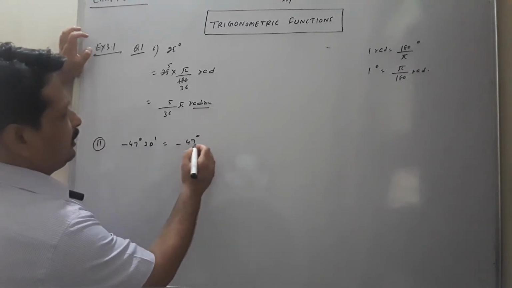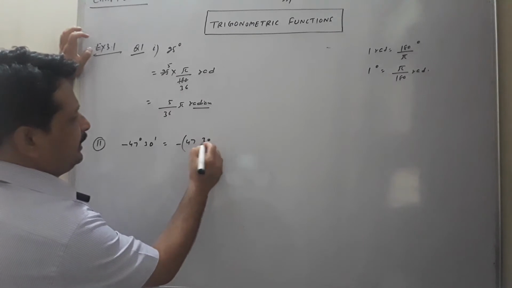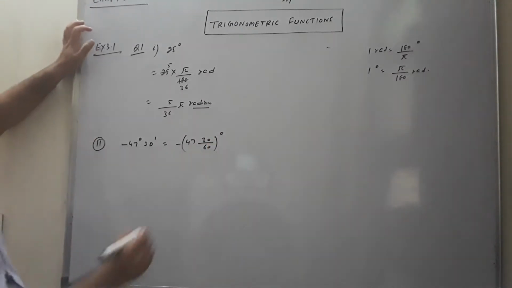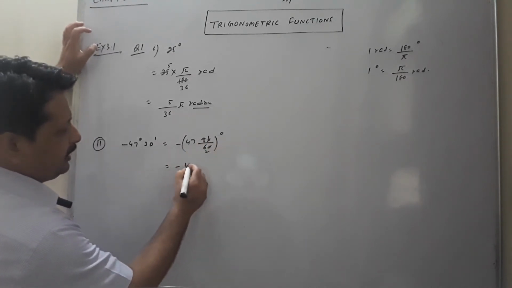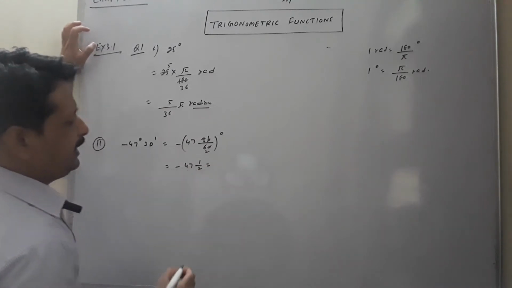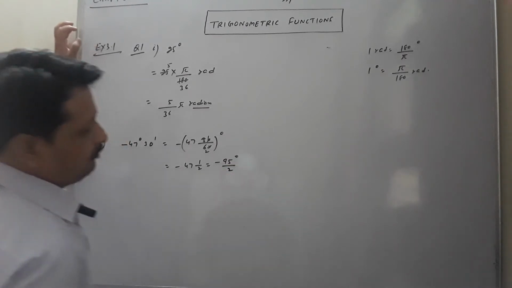We can write it as 47 and 30 upon 60, which changes into degrees. From there you will have 1 by 2, means minus 47 and 1 by 2, that is equal to 47 2s are 94, 95, so minus 95 by 2. Now it is in the form of degrees.